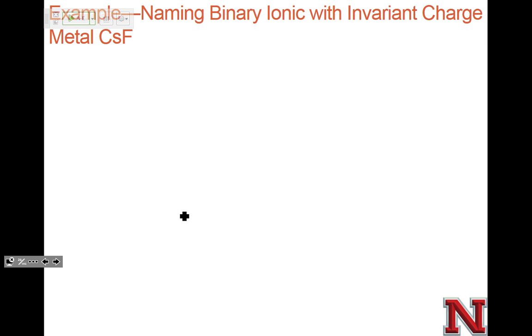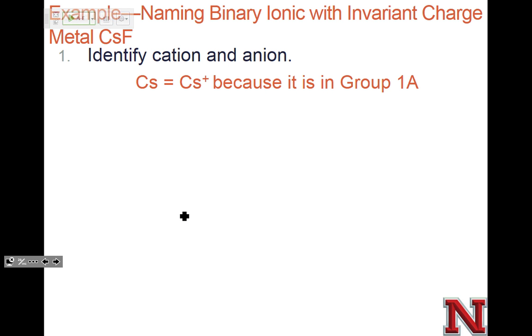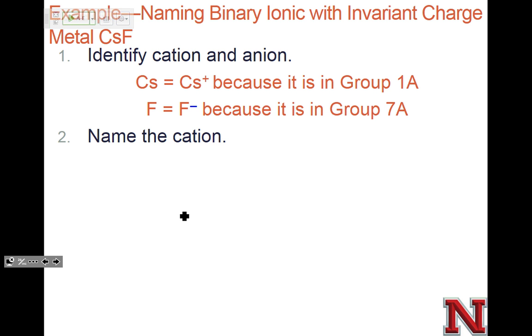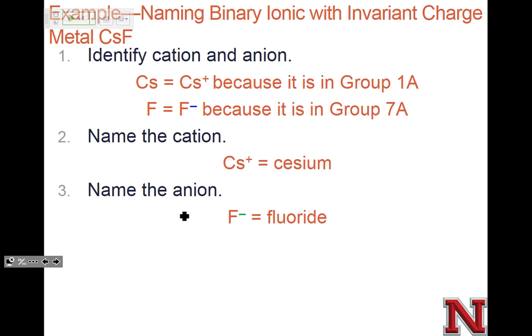So let's look at this one. We have CsF. And our cation and our anion, we have Cs. It's in group 1A, so we know it's Cs+. And our fluorine, we know is F-. So when we identify that together to name it, it's just going to be cesium and fluoride.